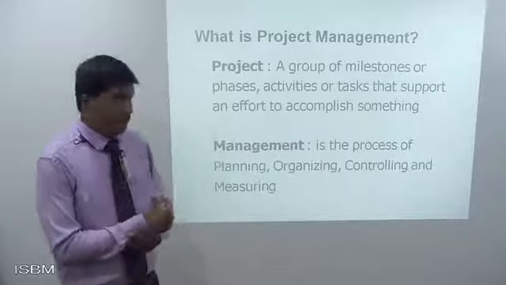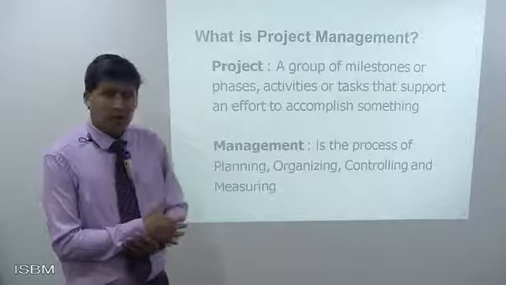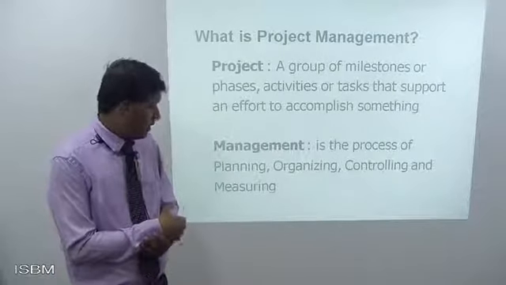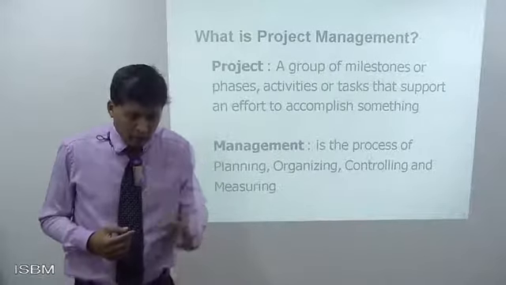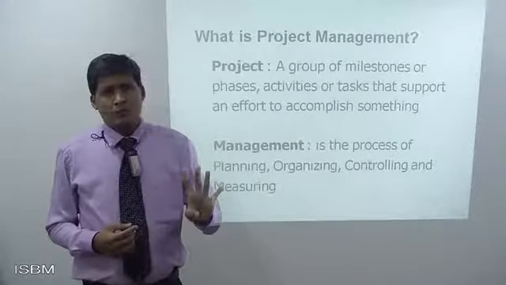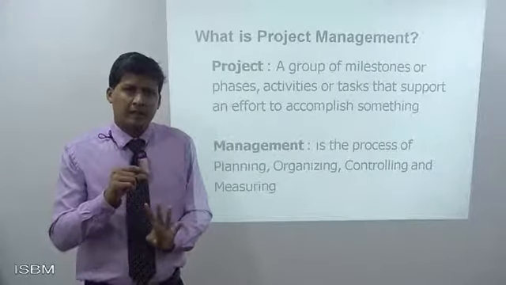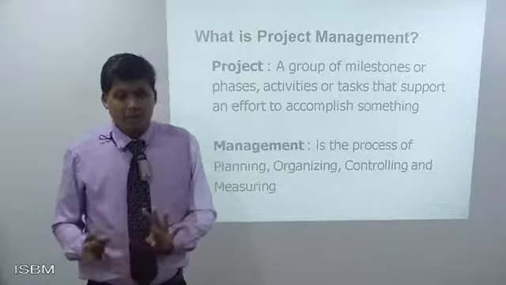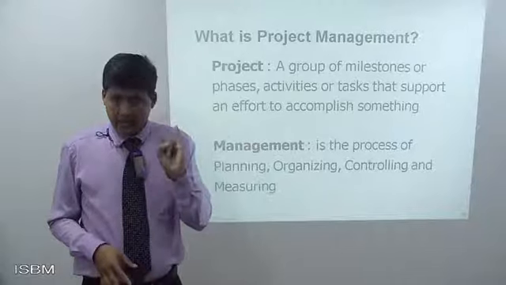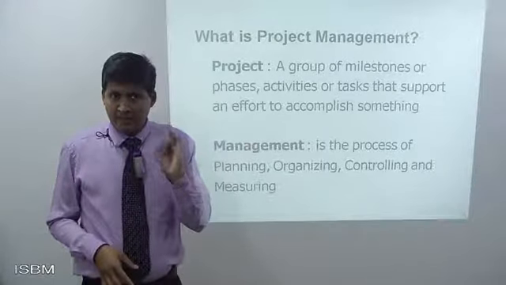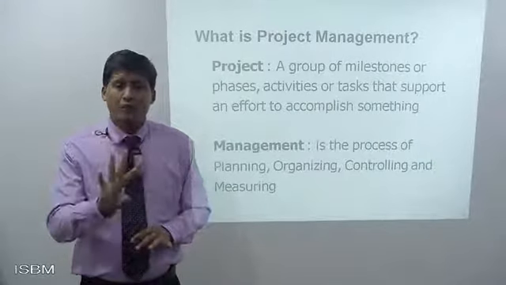And management, as we know, is a process of planning, organizing, controlling, and measuring. So understand, friends, whenever you hear the word management, 4 things will always come up, irrespective of whether you are learning project management, organizational management, strategic management, or marketing management. Planning, organizing, controlling, measuring: these are the four pillars of management.